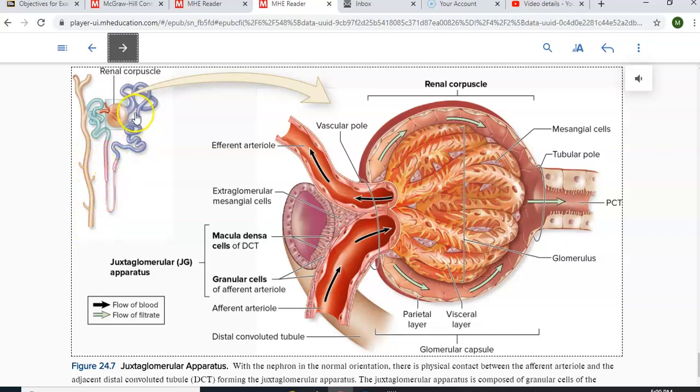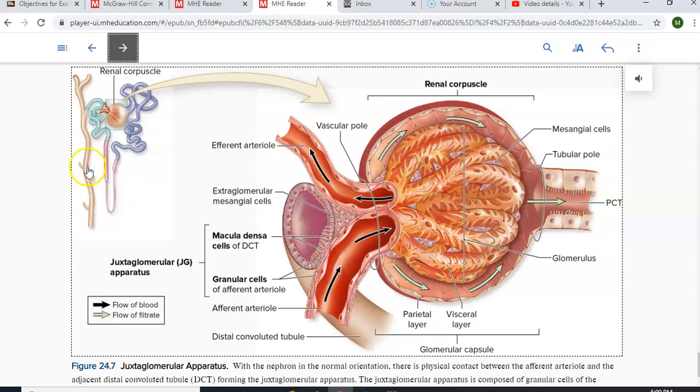So realize that we filter the blood here and get a filtrate, and then the tubular fluid that runs through our proximal convoluted tubules, loop of Henle, and distal convoluted tubules gets altered, so it's not actually all going to end up in the urine. And we'll talk about how it gets altered along the way.